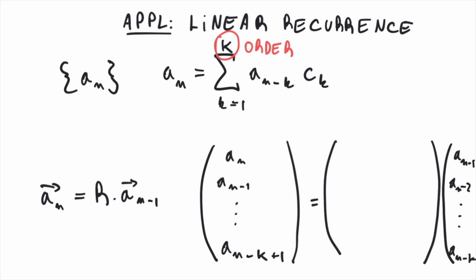So what do we have to fill in this matrix here, which I called R, so that it computes this recurrence?